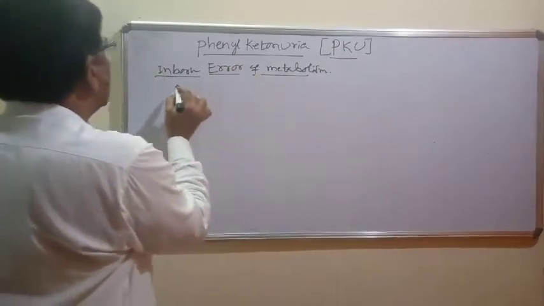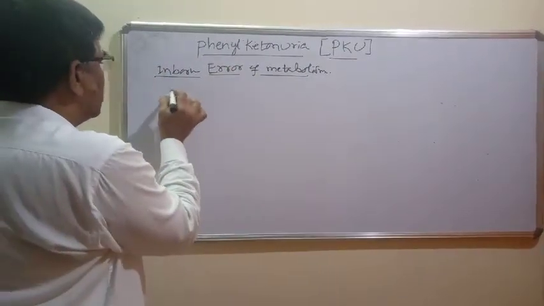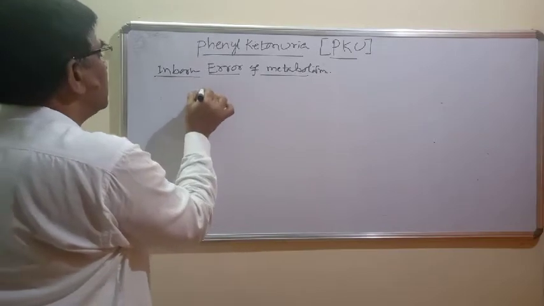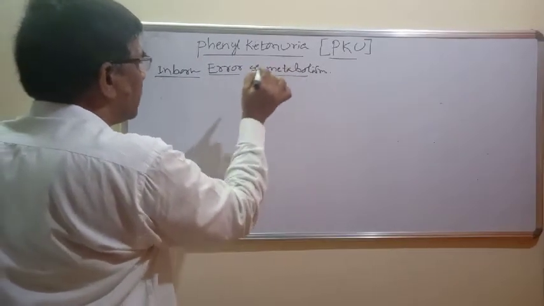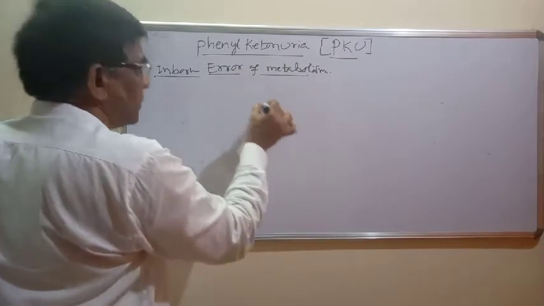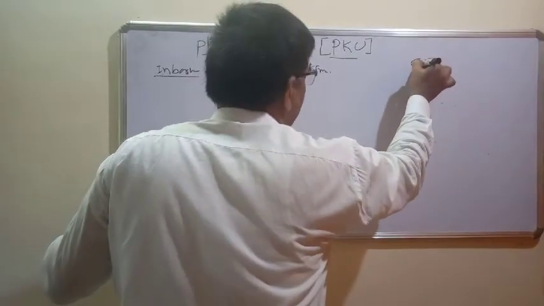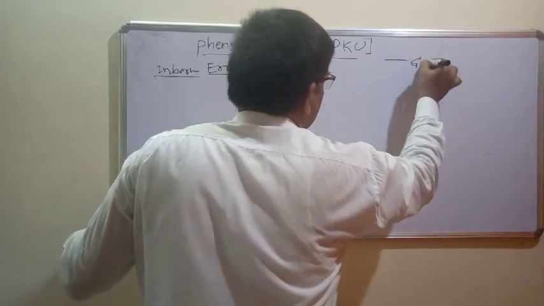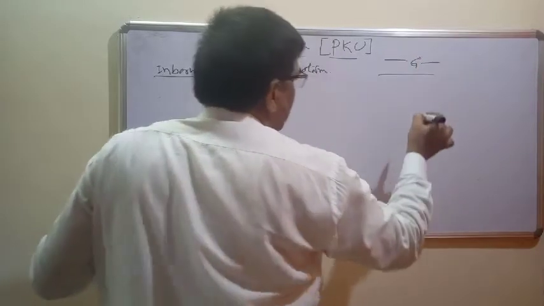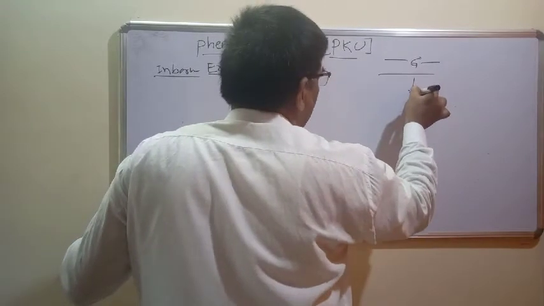What is happening in this disease? Generally in our body, if the normal gene is present, the enzyme is produced. That normal gene, which is present at a particular location of the DNA, can produce an enzyme.